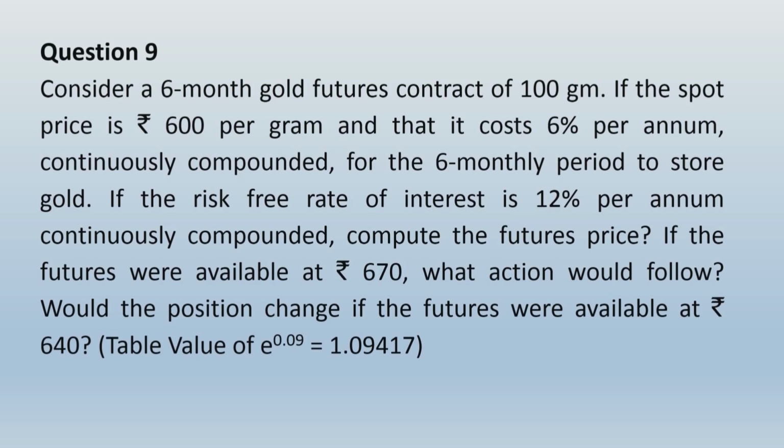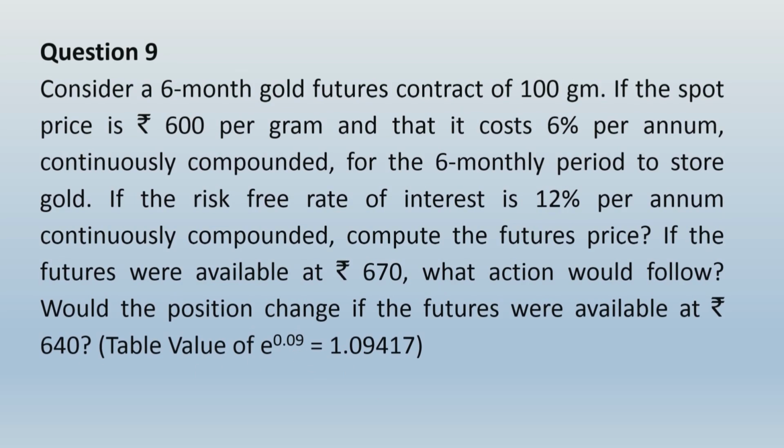You see, this time the carrying cost is given as 6% per annum, and the risk free rate of interest is given as 12%, continuously compounded. Compute the value of the futures price. 670 and 640 are the two different prices given to you, and the table value of e raised to 0.09 is given. So let us see how to solve this question.